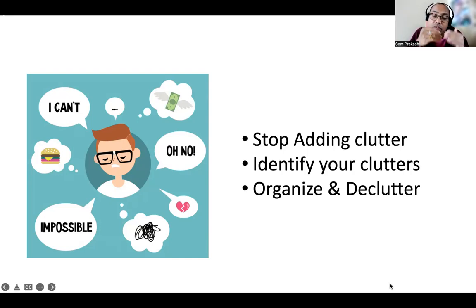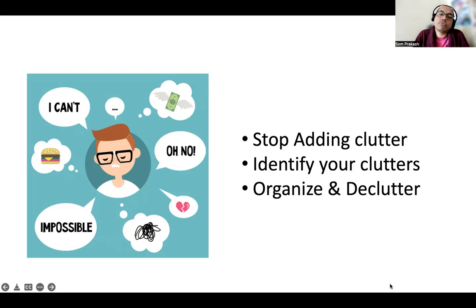That means you are stopping anyone from putting more trash on. And second, identifying where exactly I want to clear up, where I want to make sure it's all cleaned up. And after identifying that, you start the process of decluttering.